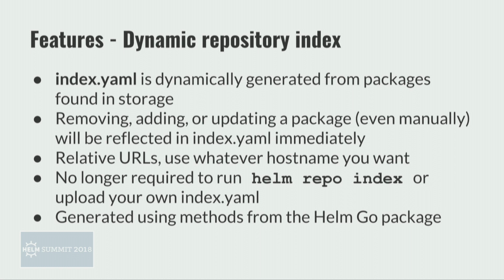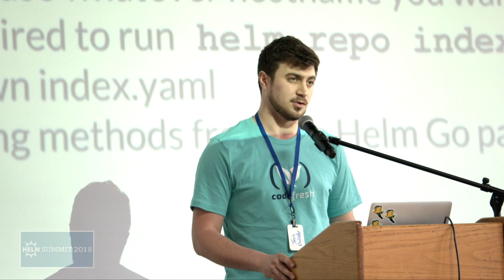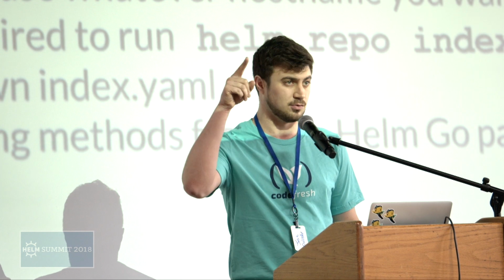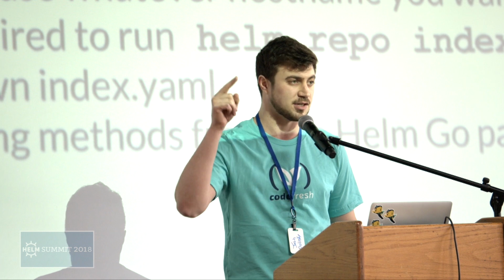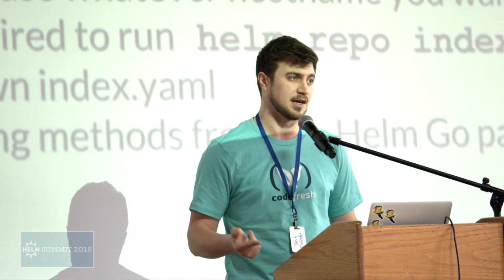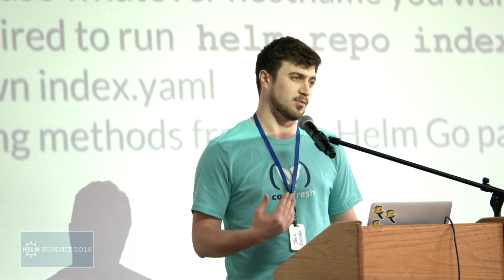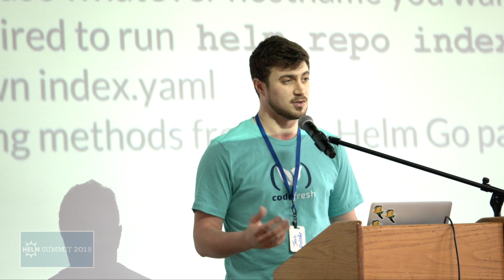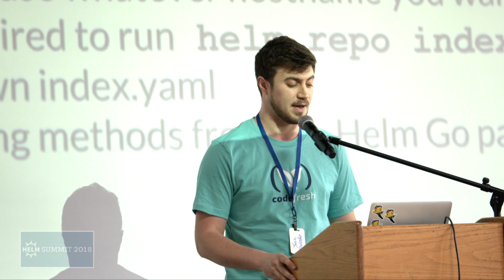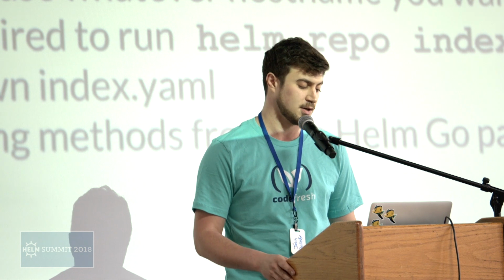If you remove, add, or update a package, it will be reflected in that index immediately. So even if you're going into the S3 console and deleting a package, the next time a client runs helm repo update, you're going to see that package removed from the available packages to install in your cluster.